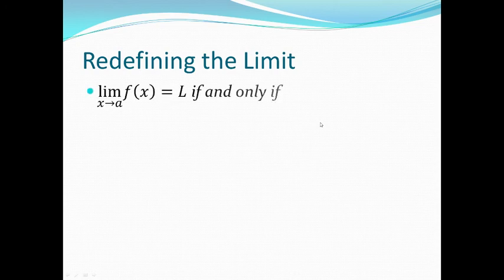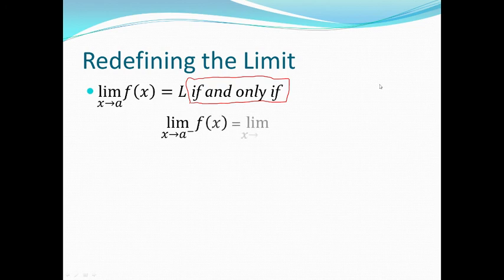So we redefine the limit as follows. The limit as x goes to a of f of x equals L if and only if. This is important: if and only if. This basically means that all the following conditions must be true. The limit exists as x goes to a if and only if the limit going to a from the left side is equal to the limit going to a from the right side.